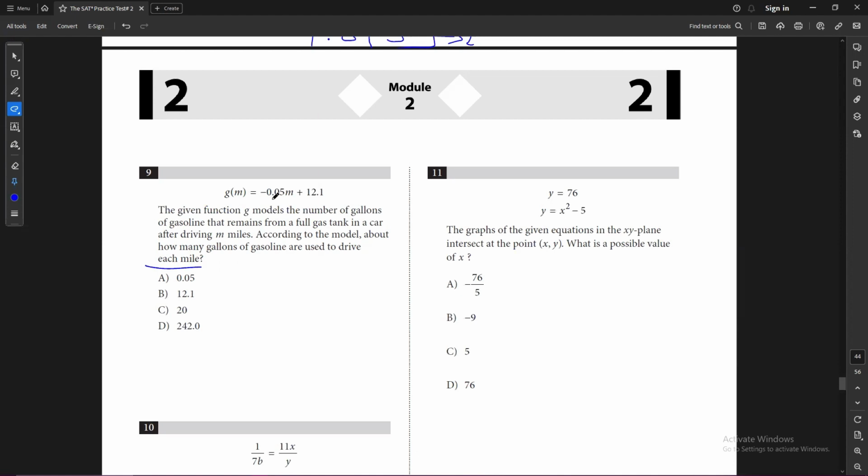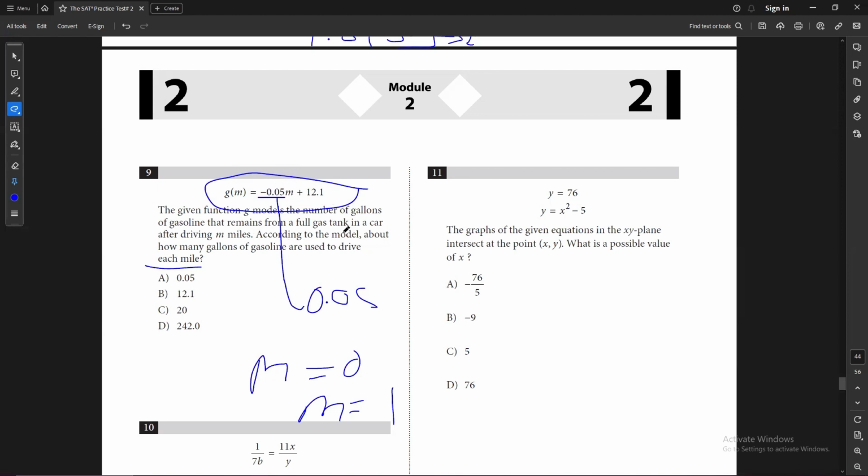So basically, in this g of m function, I see that there is a coefficient of m, which is negative 0.05. So for every increase in m by 1, let's say m was 0, and when I increase it to 1, g of m will decrease by 0.05.